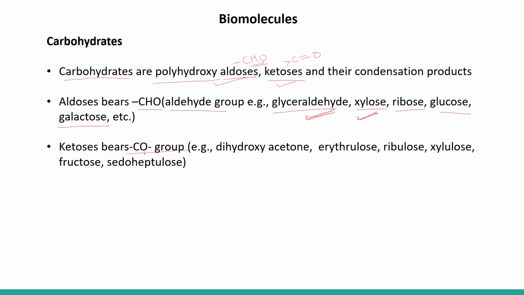Ketoses contain the CO group, and examples of some ketoses are dihydroxyacetone, erythrulose, ribulose, xylulose, fructose and sedoheptulose. These are again some of the metabolites formed in the photosynthesis and respiration process.